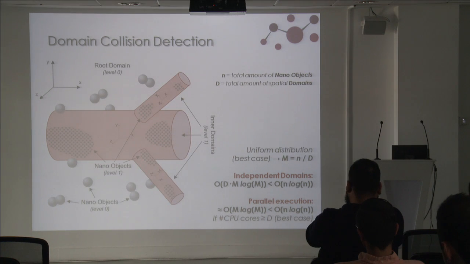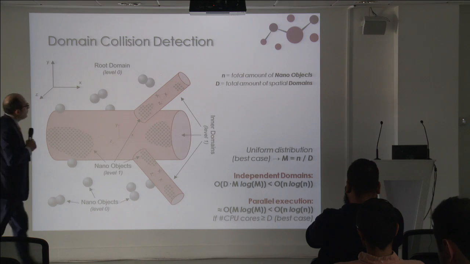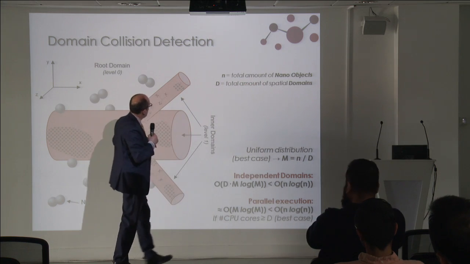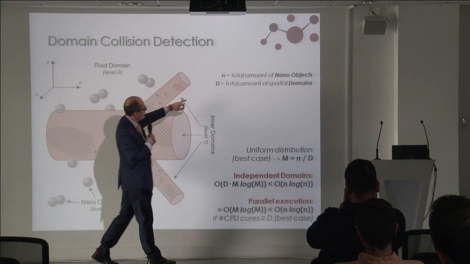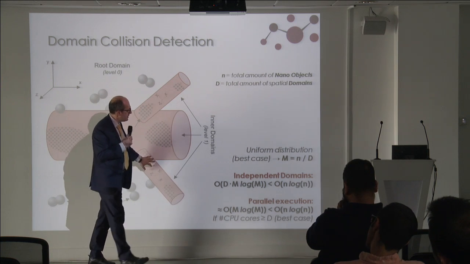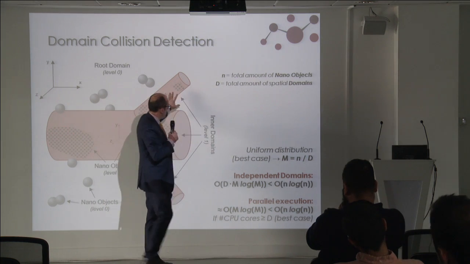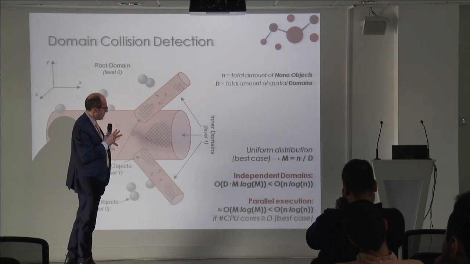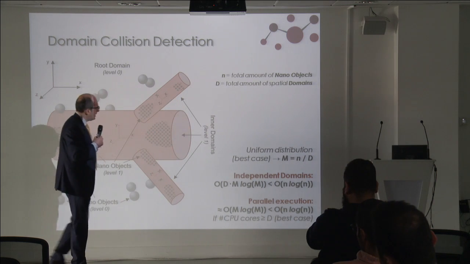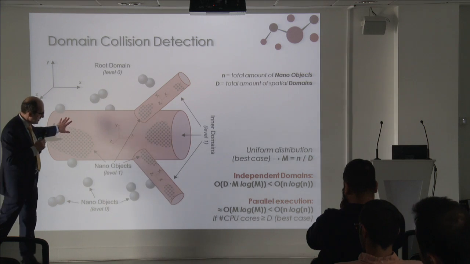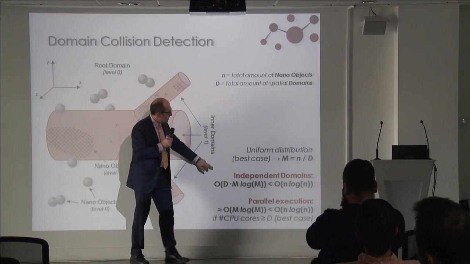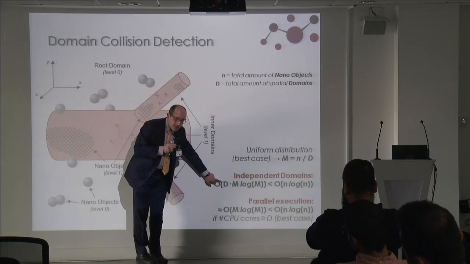I just want to add in this slide that if we have a total of N objects and a number of capital D domains, in this case 1, the universe, 2, 3, 4 domains, we have a number of objects in each individual domain, on average and in the best case, capital M, N over D. The N log N problem that we obtained before translates into M log M times D domains.